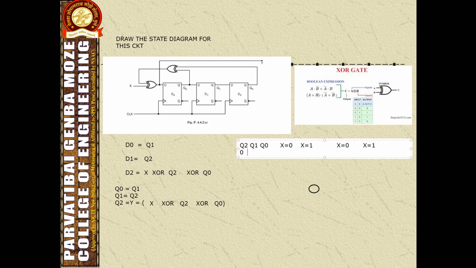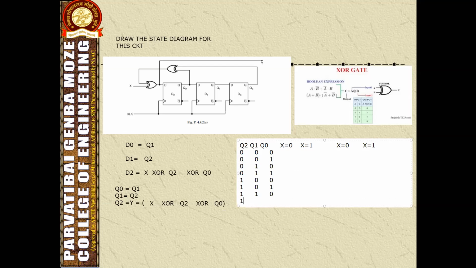That is 0, 0, 0; 0, 0, 1; 0, 1, 0; 0, 1, 1; 1, 0, 0; 1, 0, 1; 1, 1, 0 and 1, 1, 1.